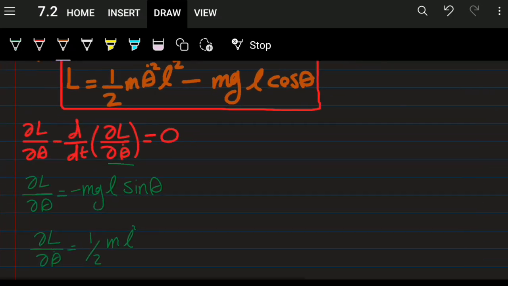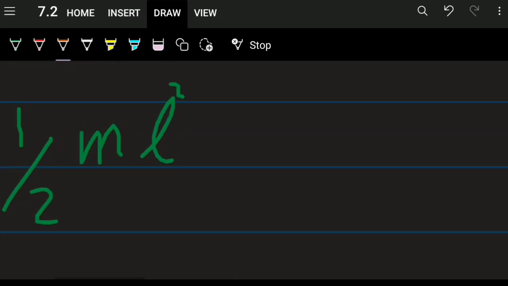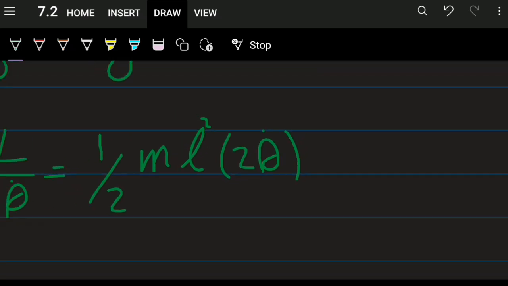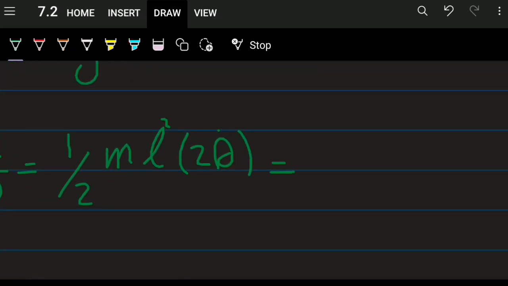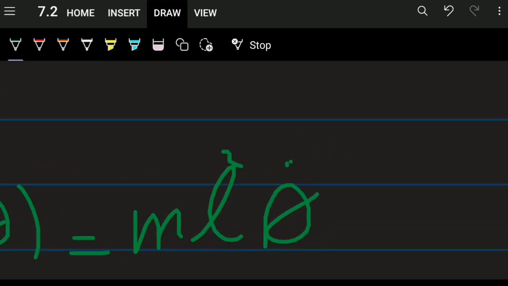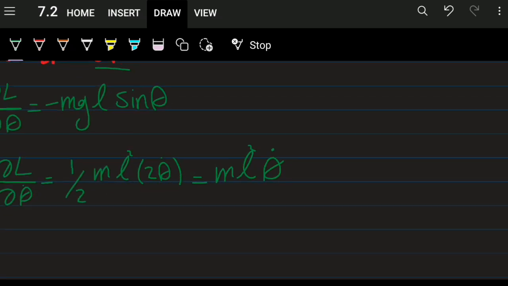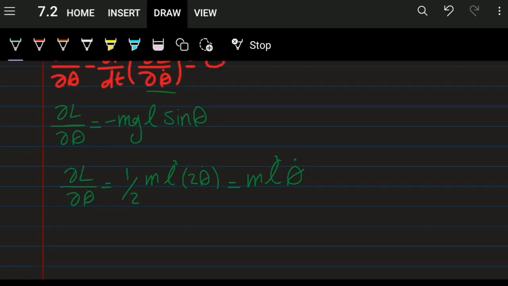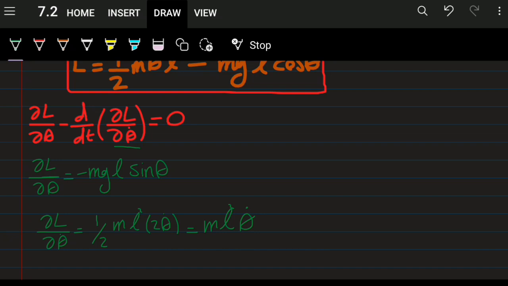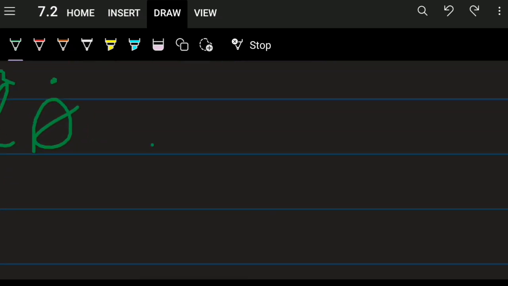Now we're all right. Finally, take the time derivative of partial L partial theta dot.